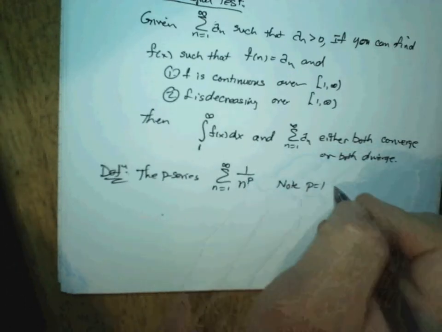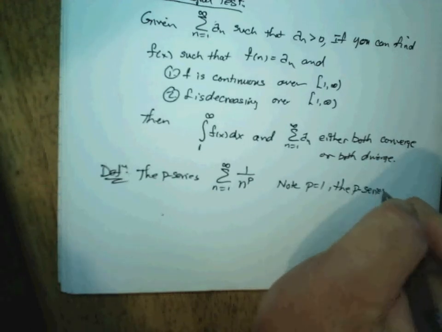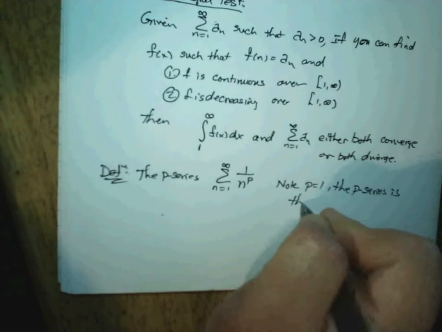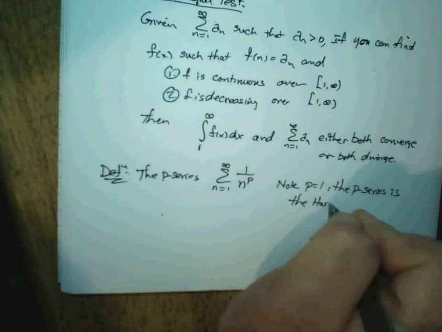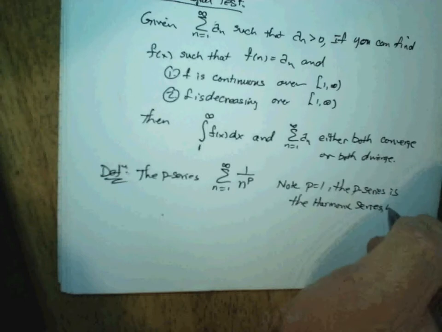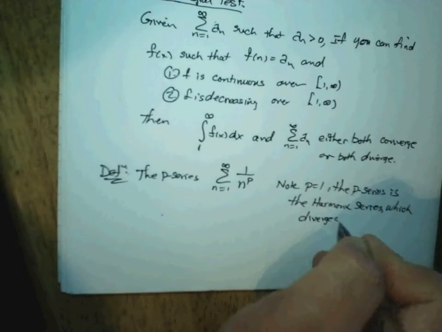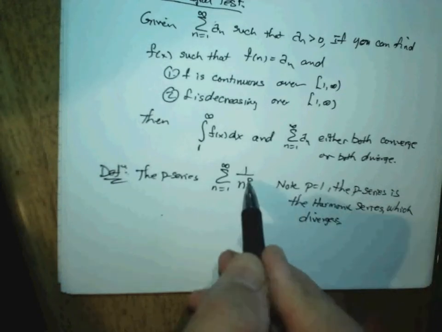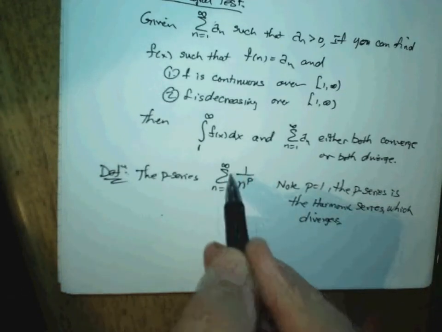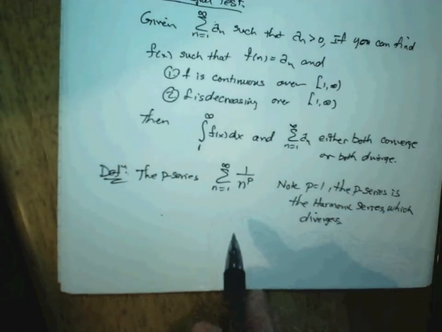That is, the P series is the harmonic series. Which of course diverges. And since we know the harmonic series diverges, we know when P is 1, this diverges. We don't have to do any other analysis in the case that P is equal to 1.